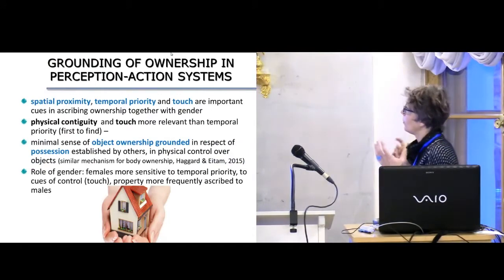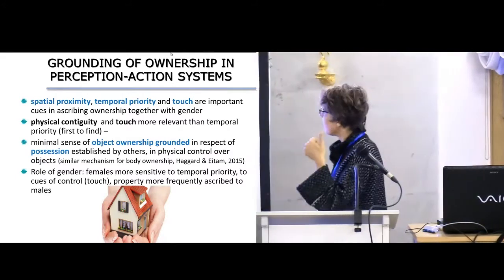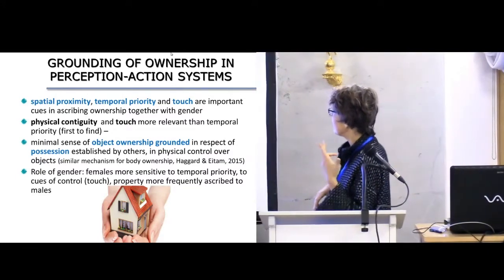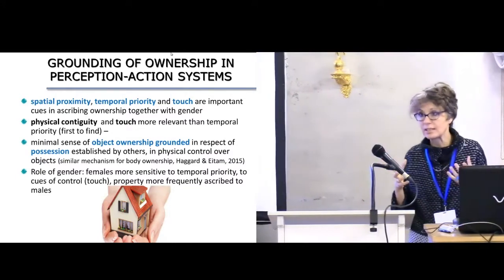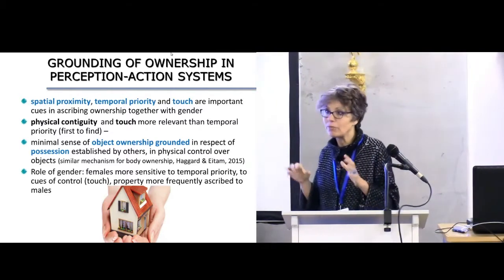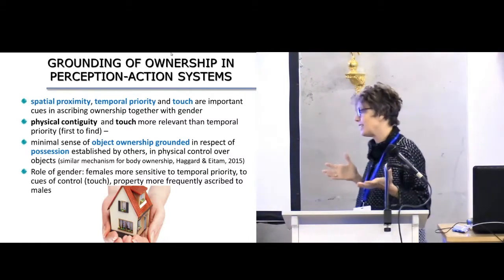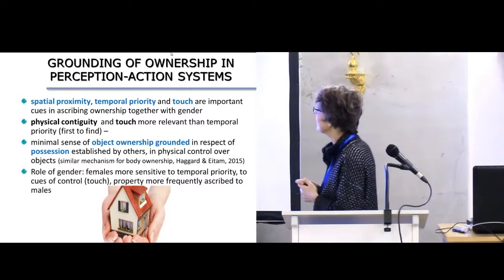So what did we find? We found that all three elements, spatial proximity, temporal priority, and touch, are important in ascribing ownership. We found an unexpected result, the effect of gender, but I won't go into detail here because it's not so relevant.